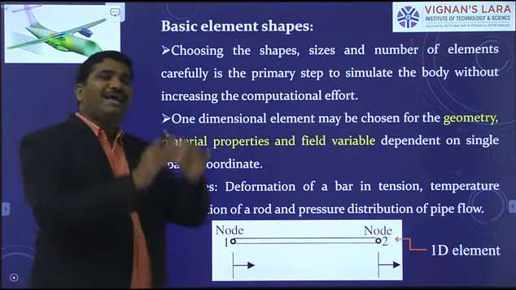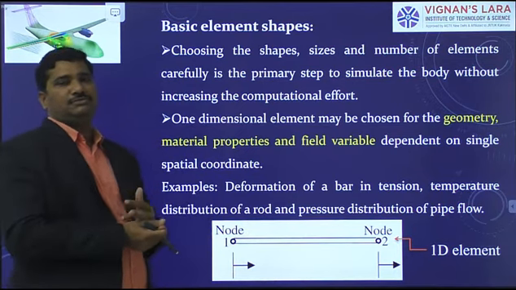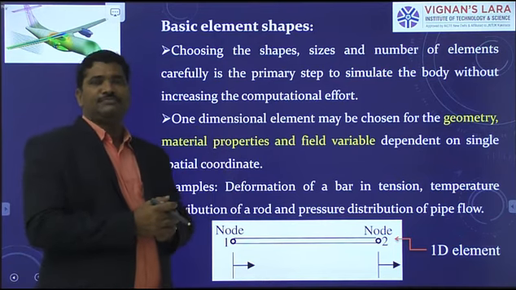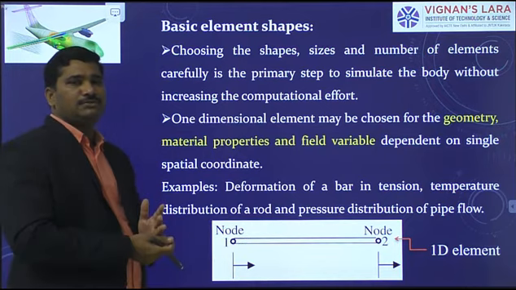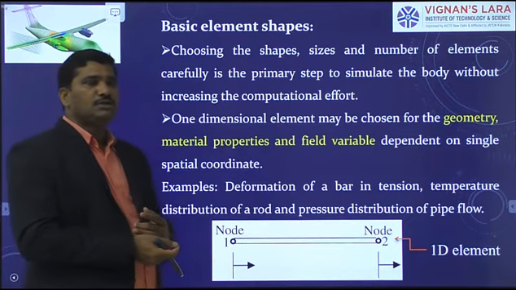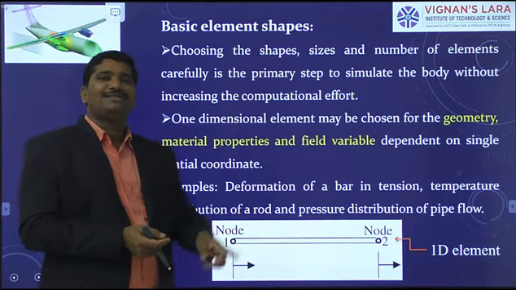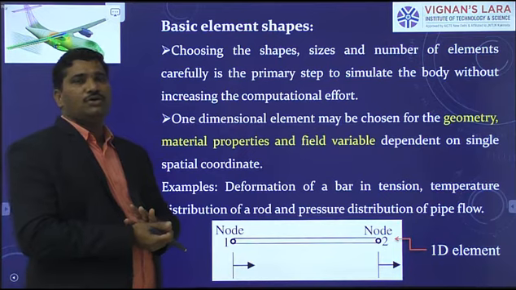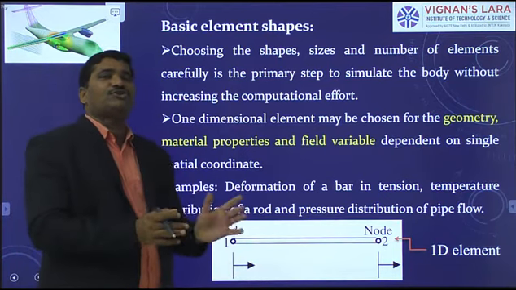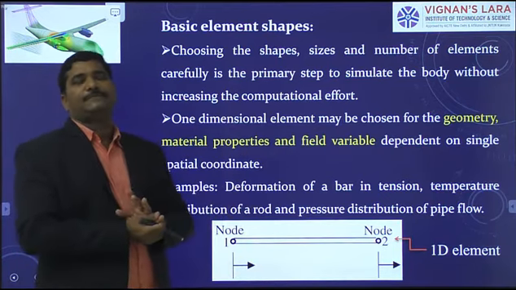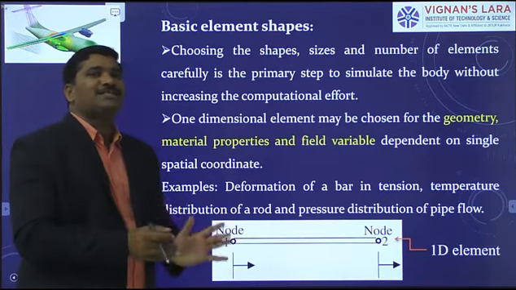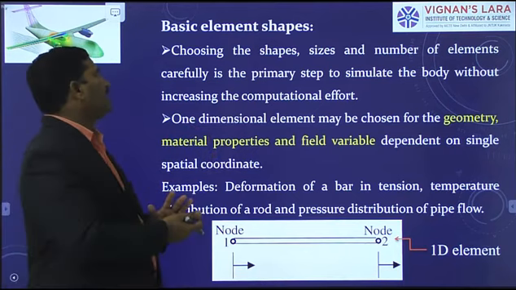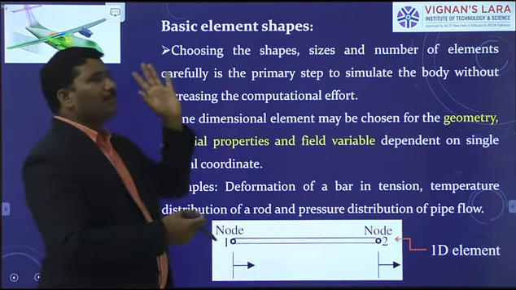How do you idealize the complex domain? A question comes to mind. Selecting an element. Domains may appear with 3 dimensions, 2 dimensions and 1 dimension. So what type of element do we choose to discretize a domain? What are the basic shapes of the elements? All these questions come to mind. That is the reason why we shall now see the basic element shapes.